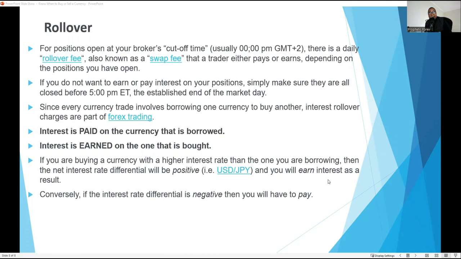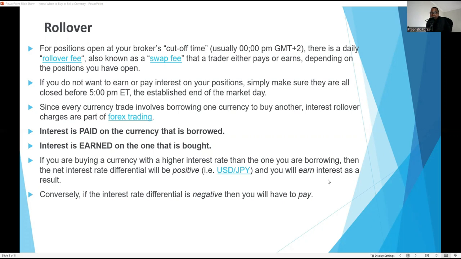I'm sure it's like 5 p.m. ET, if I'm not mistaken. And of course, that will be 11 p.m. GMT +1, that's UK time there. There is a daily rollover fee, or what we call a swap fee, that the trader either pays or earns. Most of the time, we actually pay that, and when you've closed your trade, they will take that fee by themselves.